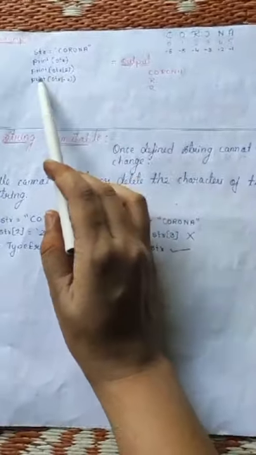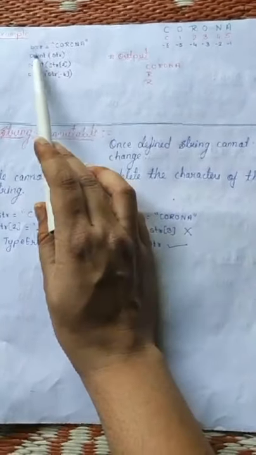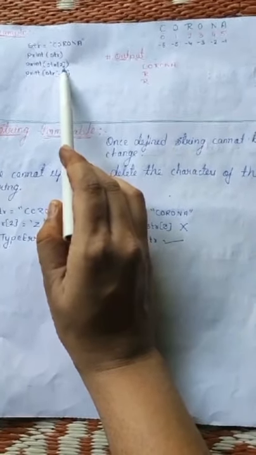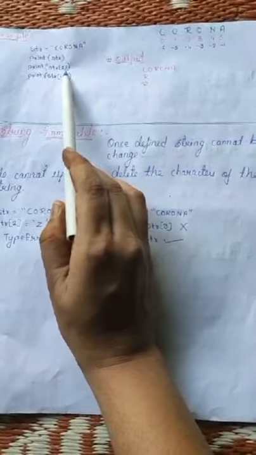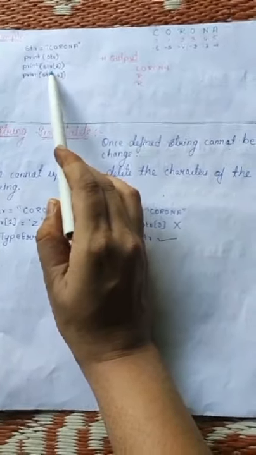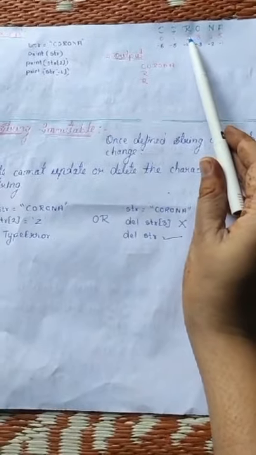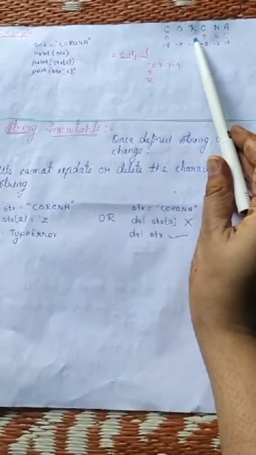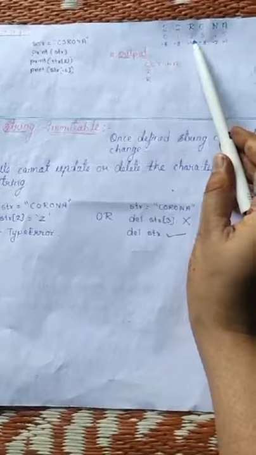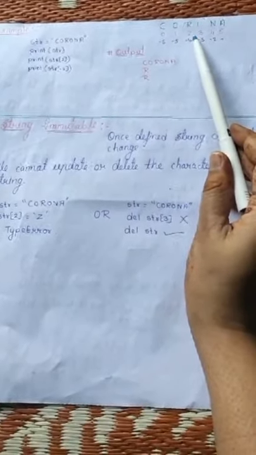Now if I print str, that is the name of the string, and the index within the square brackets, and I have given the value 2. As you can see over here, I have the value 2 for r, so it should display in the output the character r.